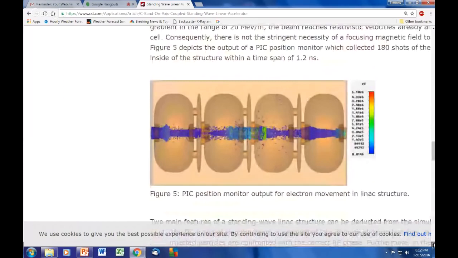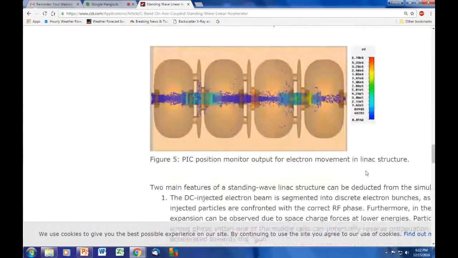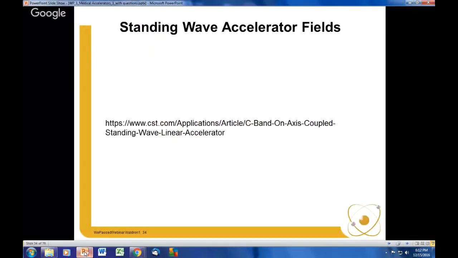We can scroll down here a little lower, and we can see that there's actually a particle simulation going on here for about a 6 MeV electron beam. And it's nice to see the particles just spilling around in there under the influence of the electric fields. I'm going to go back to the slides now and continue on.